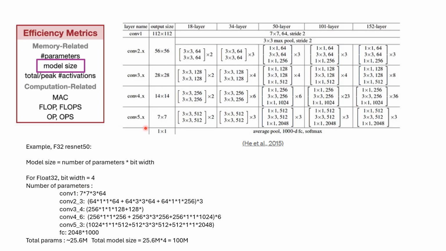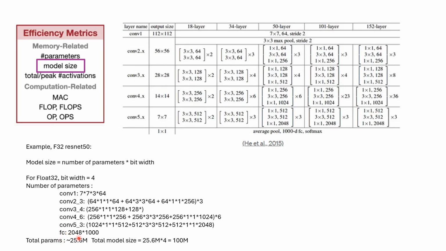And then the last layer in the ResNet 50 is the fully connected layer. The way to calculate the fully connected layer number of parameters is basically equal to the input number times the output number. In the ResNet 50, as they mentioned here, the output of the last layer of conv 5 is 2048, and the output of the fully connected layer is 1000.